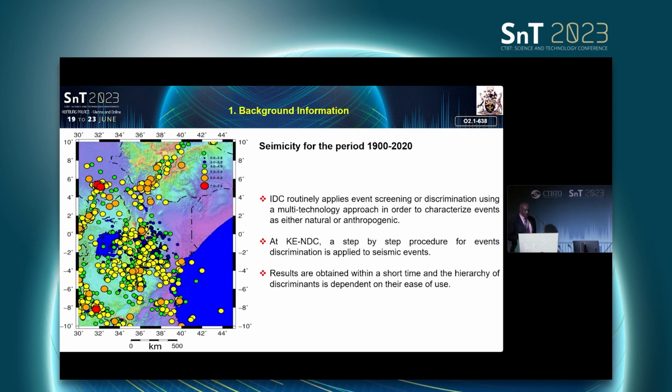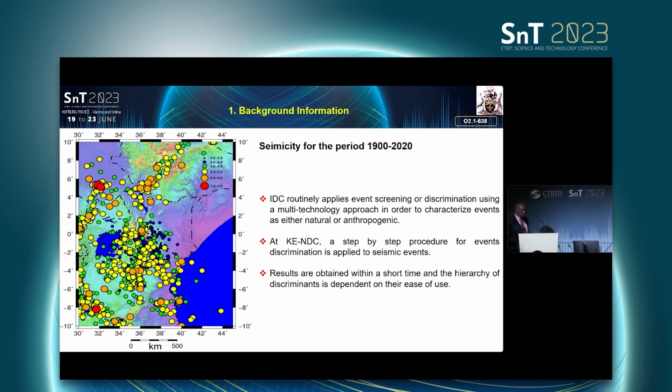Here I present a map showing the seismicity in the East African region for the period 1900 to 2020. And the big question is, from those earthquakes, are we able to tell which are natural and which are anthropogenic?